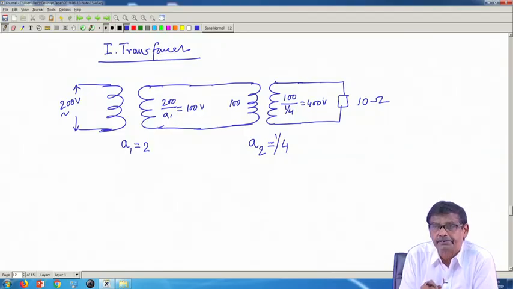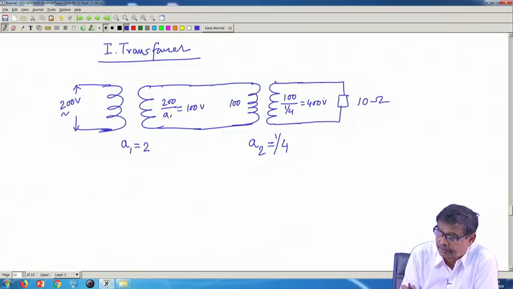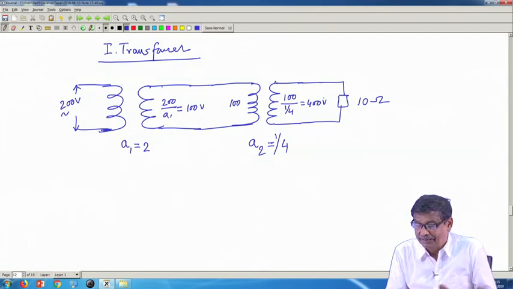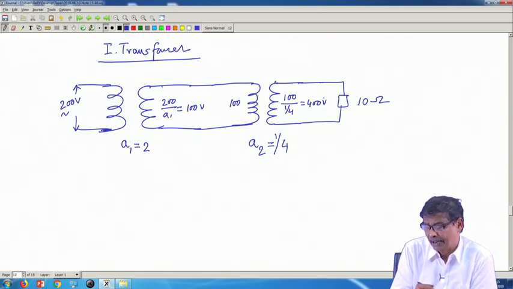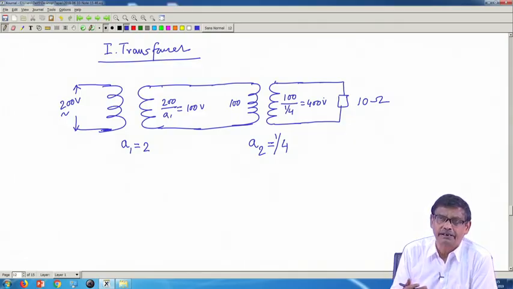If I make any mistake, you please point me out through your mails or whatever it is. But what I am trying to tell is that you can see the nicety of analyzing circuits involving transformers. It is so easy.